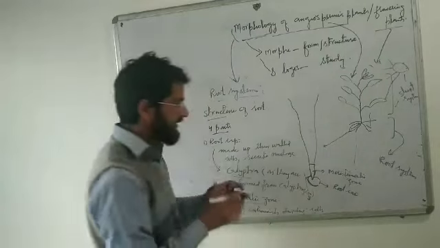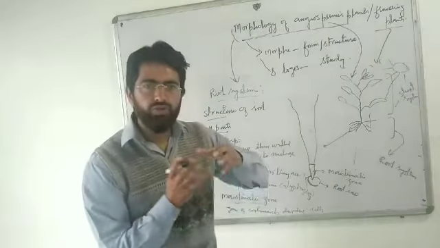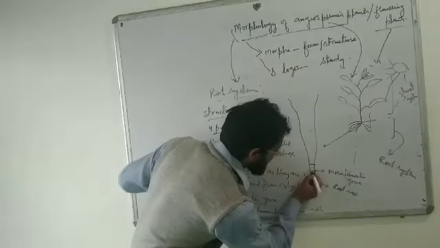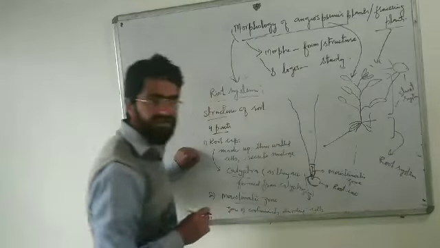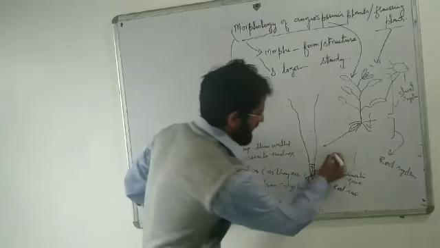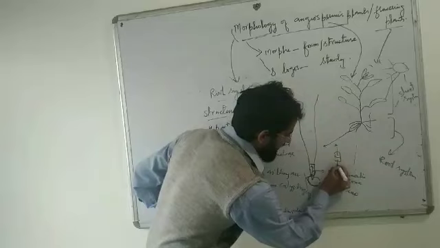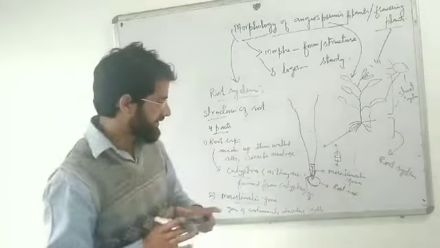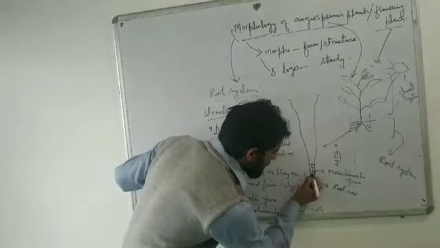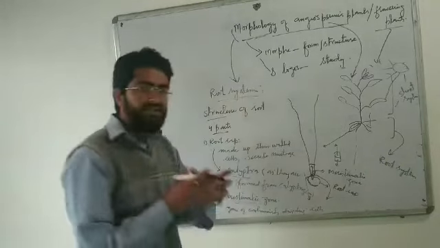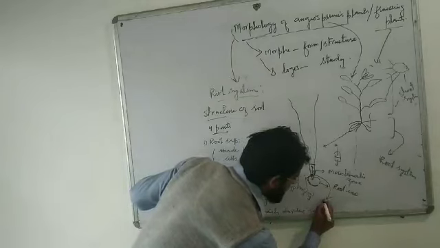In this zone, the cells divide and move in two directions. One is towards the apex and second is towards the base. Cells divide. For instance, this cell divides. One moves towards the base and second moves towards the apex. Those cells which move towards the apex results in formation of a cellular mass known as calyptrogen.